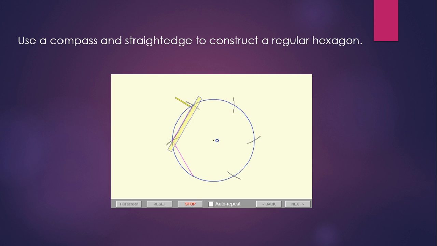Then all we have to do is use a straightedge to connect those intersections up with line segments, and we'll have a regular hexagon.